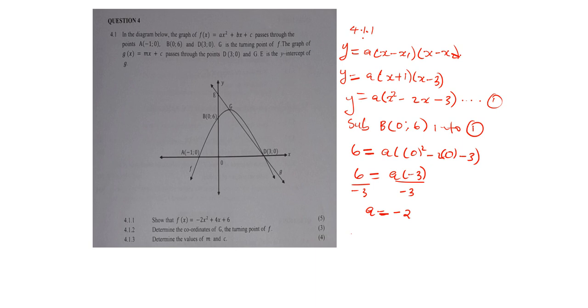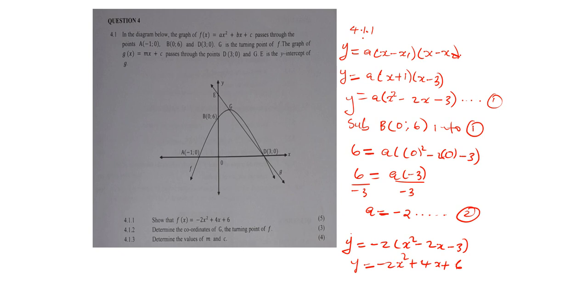You can call this equation 2. Then you go back to the first equation and substitute this. You will have negative 2 into x squared minus 2x minus 3.